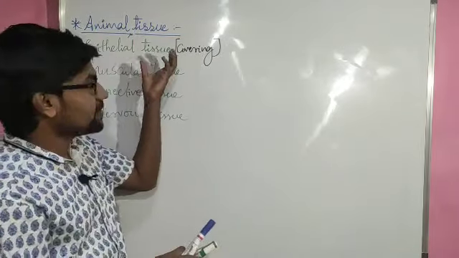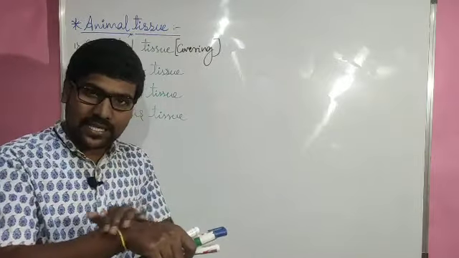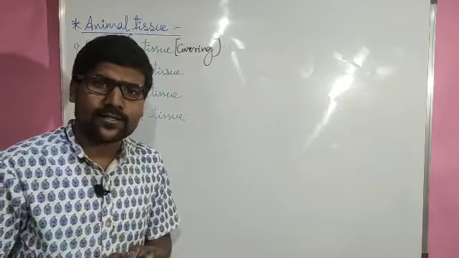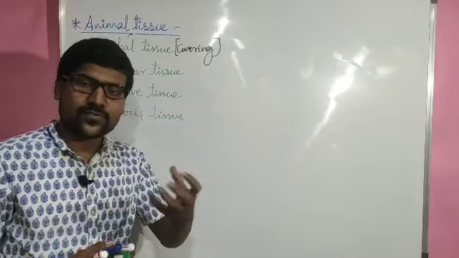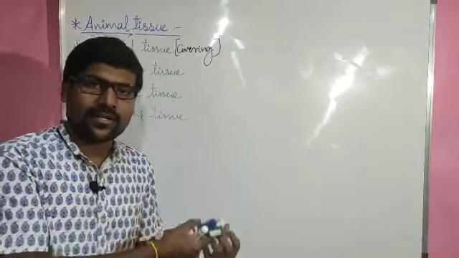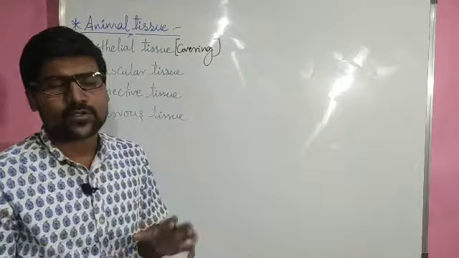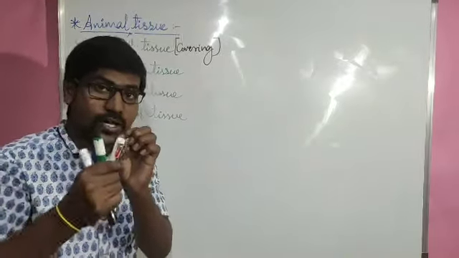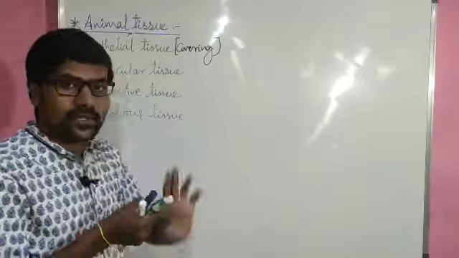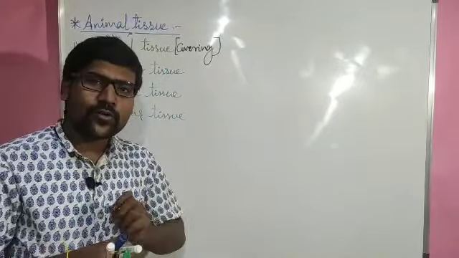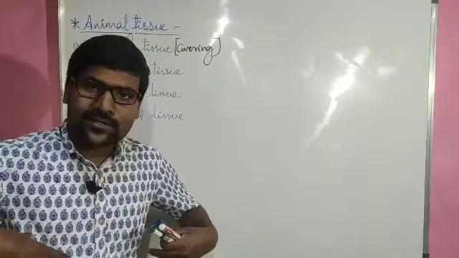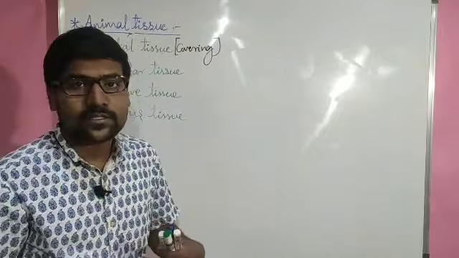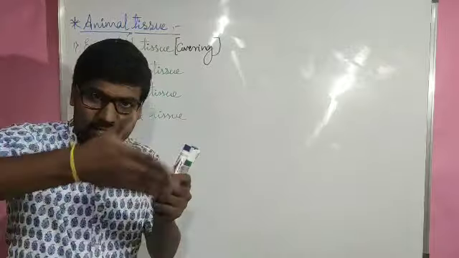We have the covering tissue in the form of skin, and inside our body we have so many organs: the lungs, the heart, the kidney, the stomach, so many organs. The outer covering of those organs is again made up of epithelial tissue. And not only that, inside our body there is a gap, the coelom. I think most of you have seen a dead body dissection.